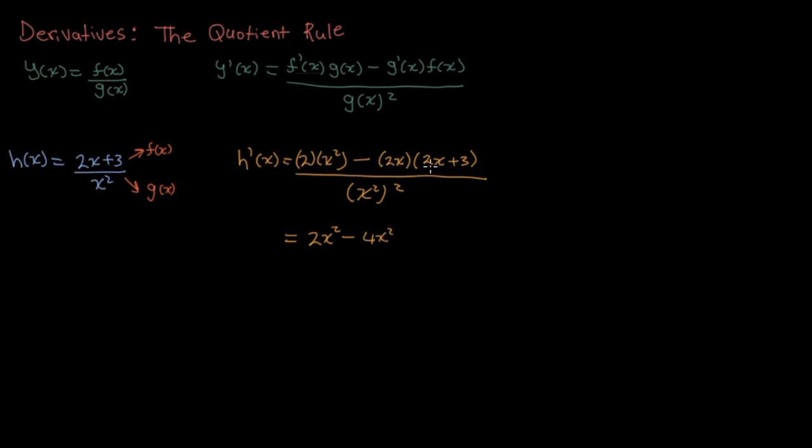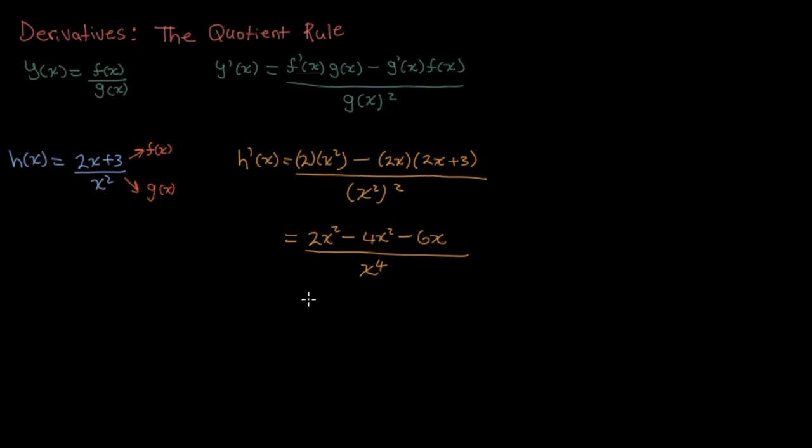So we're multiplying these two numbers here: 2x times 2x, we'll get 4x squared, minus, okay, negative 2 times 3 is negative 6x. And then we divide this by x to the power of 4. Okay, so x squared squared is just x to the power of 4.